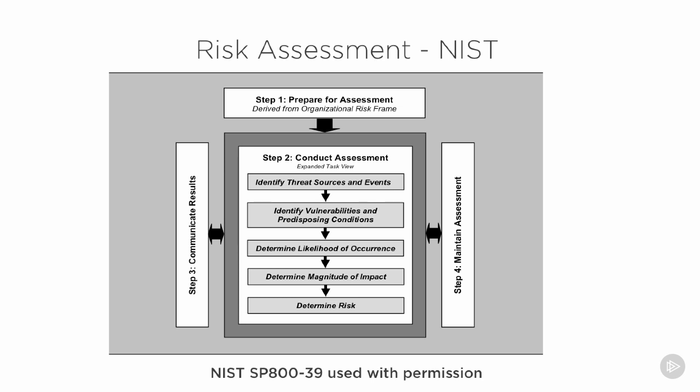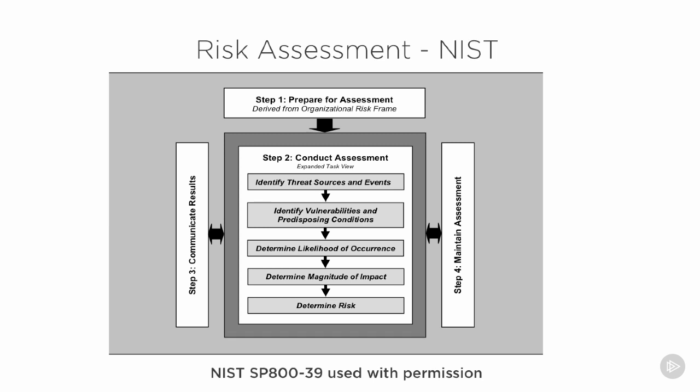Obviously, if a threat source can take advantage of a well-known vulnerability, it's much more likely that we'll actually have a risk event. We'll also have to consider the presence or absence of controls, and how effective those controls would be in deterring or mitigating the risk. This will help us to determine the magnitude of impact. How much damage would happen if this threat event was able to exploit and damage that asset?